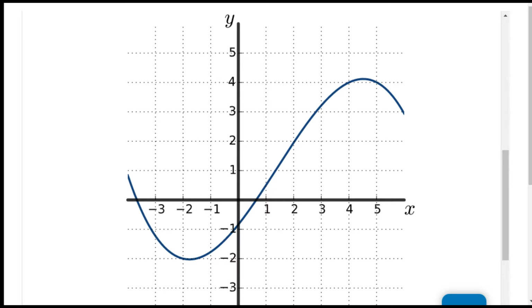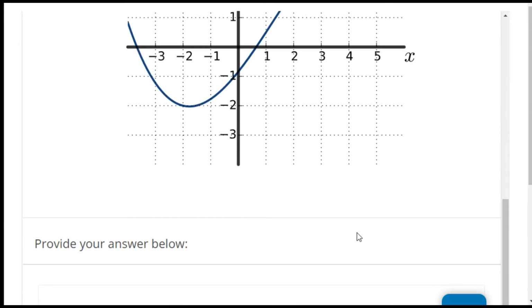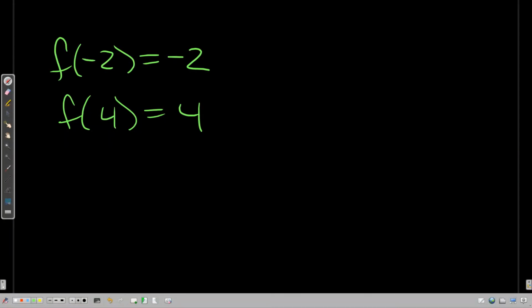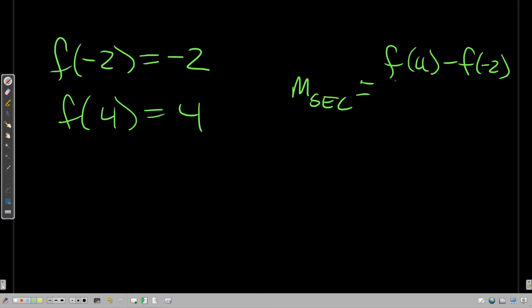How nifty. All right. So to find that average rate of change, you apply your definition for the slope of the secant line. Slope of the secant line is f of 4 minus f of -2 all over 4 minus -2.